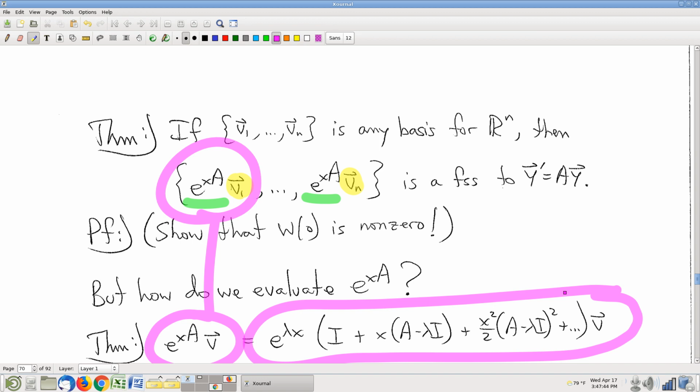Let me tell you why, because it's not clear if this is helpful. For one thing, the formula on the left looks much more compact than the formula on the right. Right? Which one of these looks prettier? Clearly this one. So why would I want to deal with this? A matrix exponential here, this is an infinite series. Well, yeah, but so is this: I have an infinite series of matrices too. So why do I care?